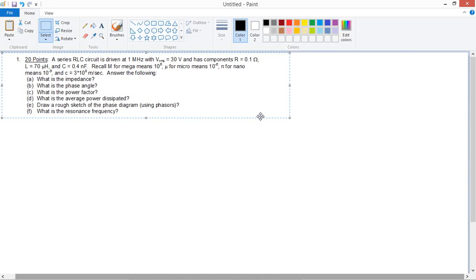Okay, this problem is an RLC circuit. We're going to drive it at 1 megahertz. So let's put our little symbol for an RMS voltage, and the RMS voltage is 30 volts.